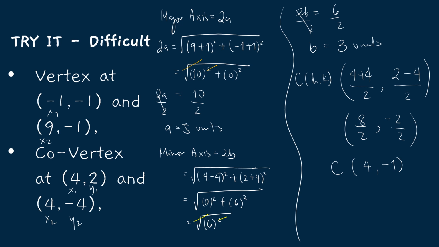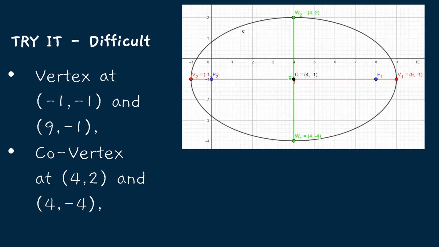On the next slide, we will show you the graph and we will try to find the standard equation given the values of a, which is equal to 5, and b, which is equal to 3, and the coordinates of the center. Okay? The final part of our video presentation, we will be having your vertices at (-1, -1) and (9, -1), and your covertices at (4, 2) and (4, -4).